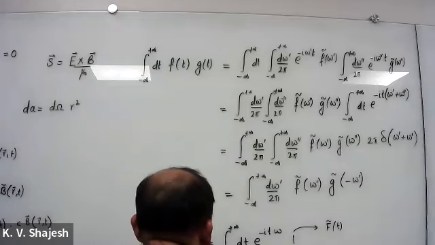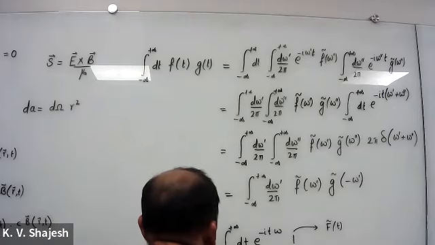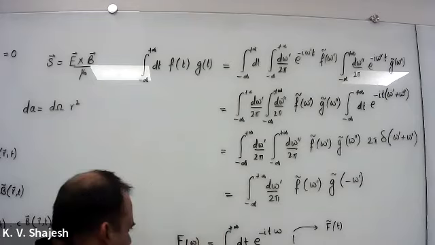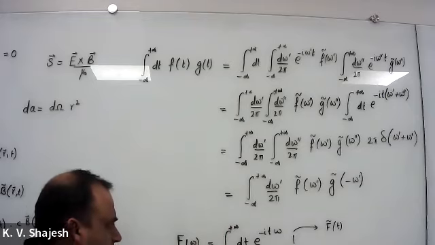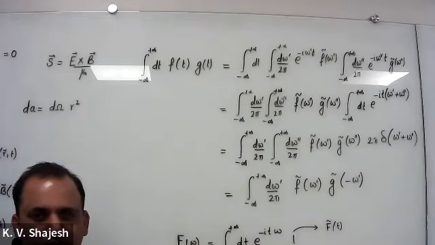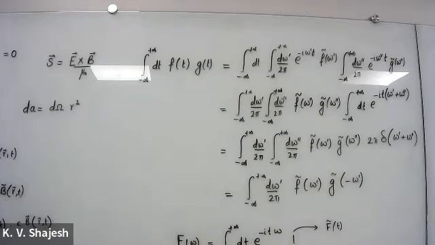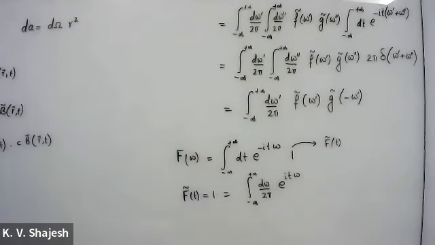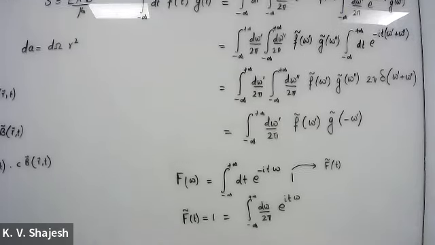Now use the definition of the Fourier transform, that's minus infinity to plus infinity d omega over 2 pi times exponential of i t omega. And you see this 2 pi coming up, right? This times this is equal to 2 pi. So for the consistency of the Fourier transform, you need to have that.